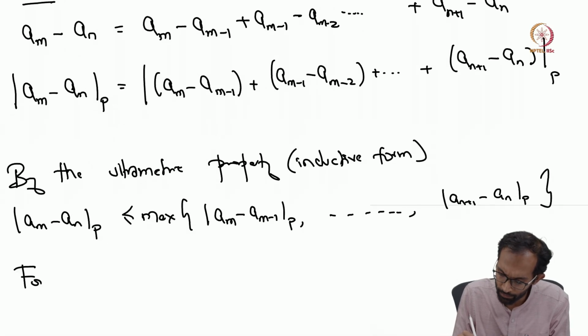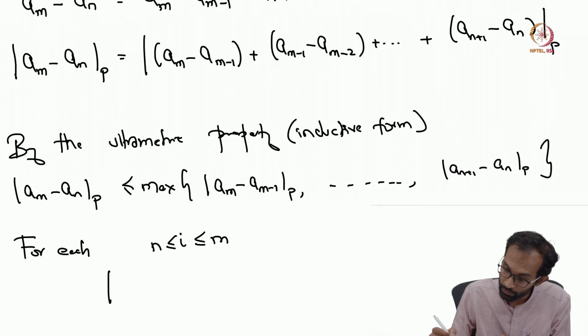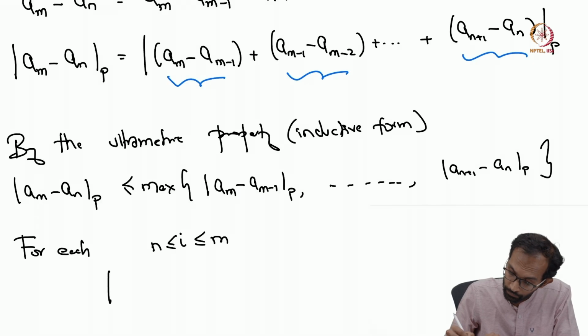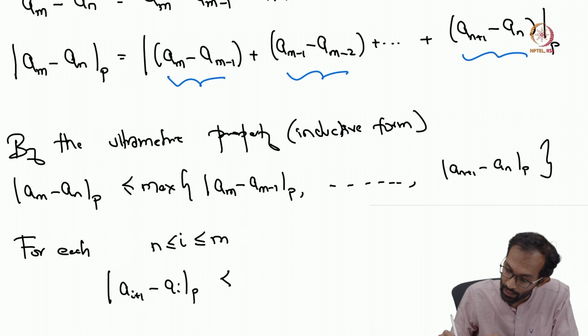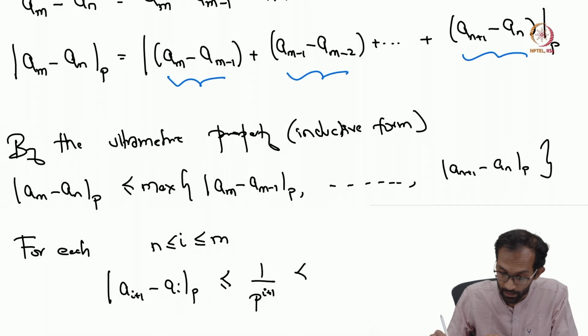And so now observe that for each i between n and m, I look at each of these terms. I want a handle on the p-adic absolute value. So if I take the difference ai plus 1 minus ai, by hypothesis this is less than or equal to 1 over p raised to i plus 1, but i is larger than or equal to n, so this is less than or equal to 1 over p raised to n plus 1.